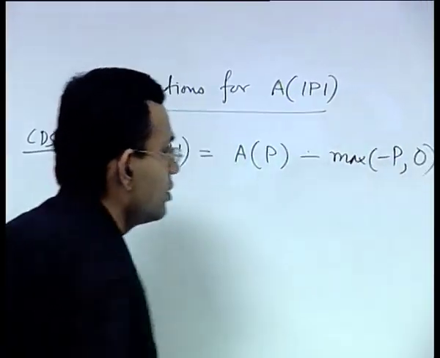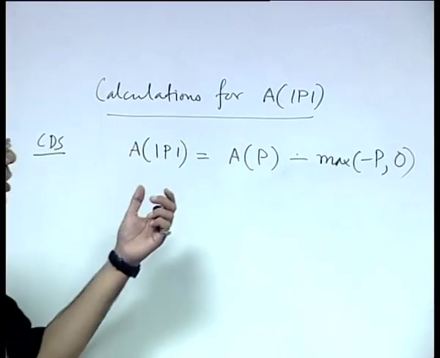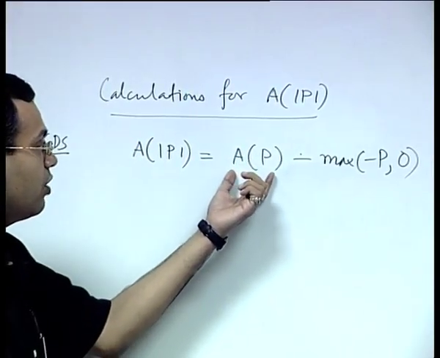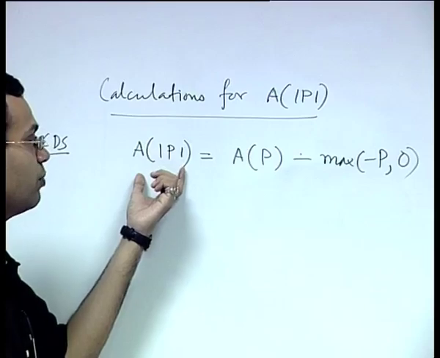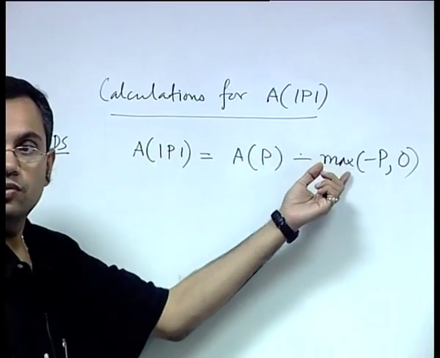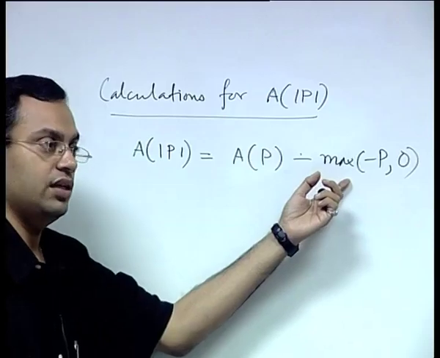What was the formula? A of P was A of mod P plus max of minus P and 0. So that comes to this side.